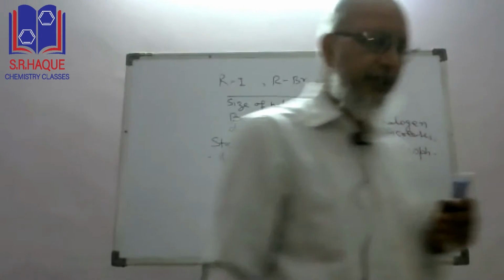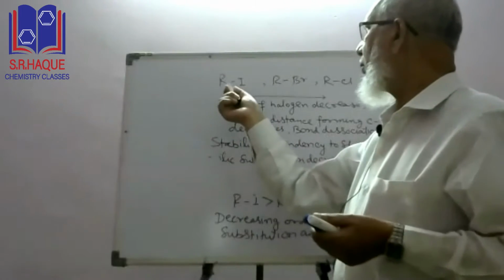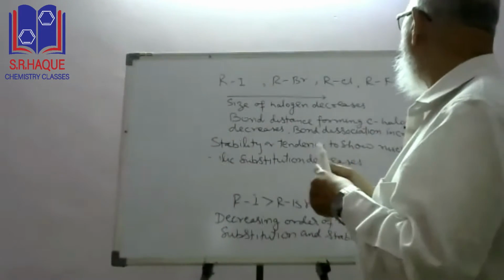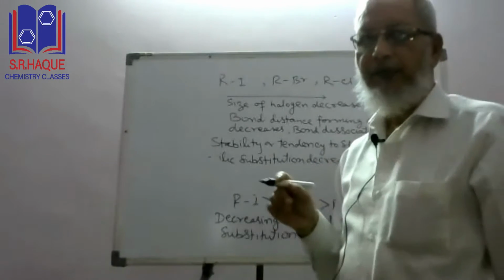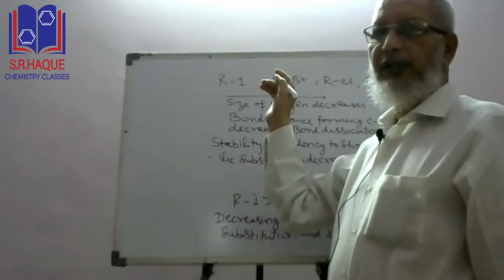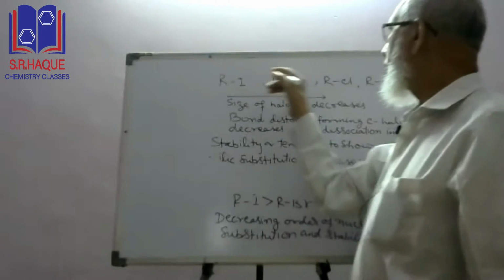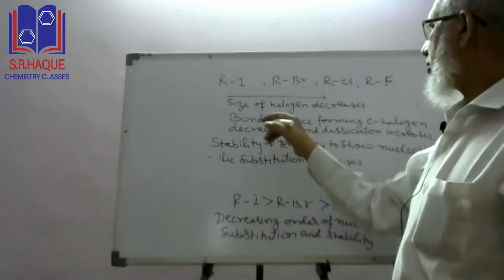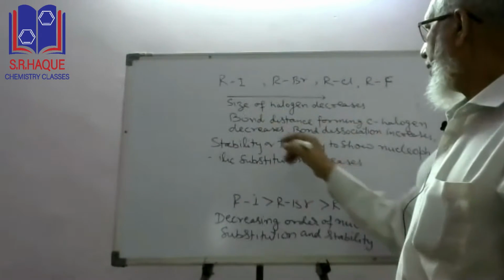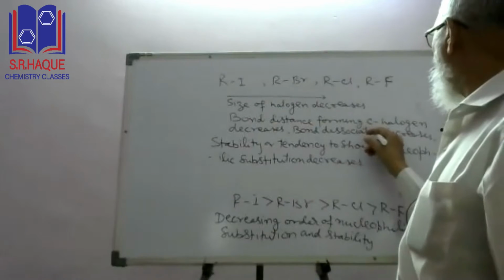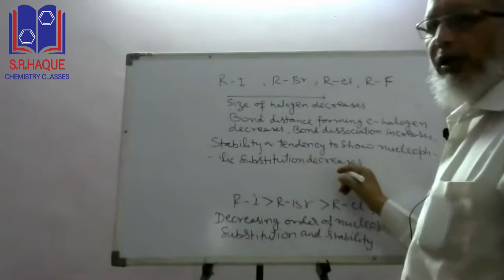So in short, we can say that the carbon halogen bond distance from RI to RF decreases due to decreasing size of the halogen atom, and this decreasing bond distance causes an increase in bond dissociation energy, and when the bond dissociation energy increases, the stability or tendency to show nucleophilic substitution will decrease.